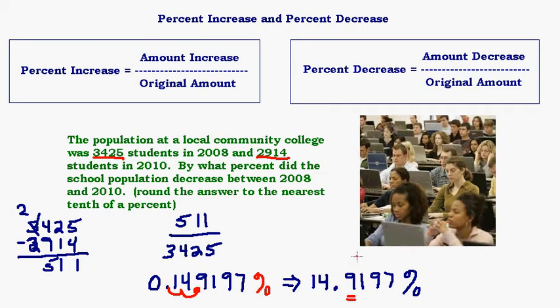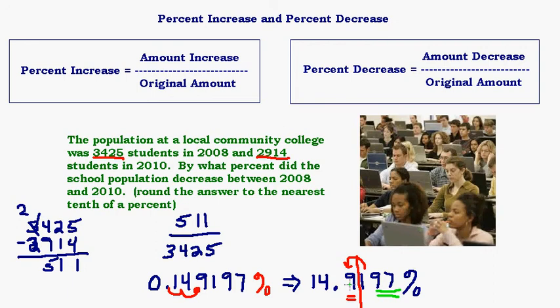Now we need to round it to the nearest tenth of a percent, which is right here where this 9 is. So we're going to cut it off right here. It's either going to be 14.9, or the 1 would round this 9 up to a 0, which would in turn round this 14 up to a 15. It would be kind of a domino effect. But that's not going to happen here because 1 is not big enough to round that 9 up. Now you might notice we've got some big numbers over here with this 9 and this 7, but they don't affect the rounding.